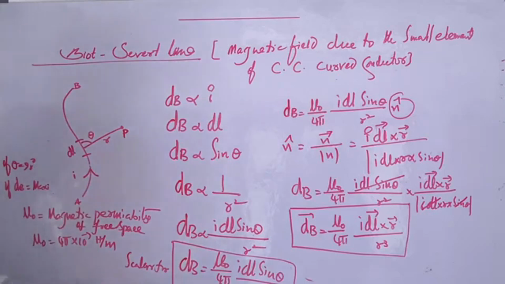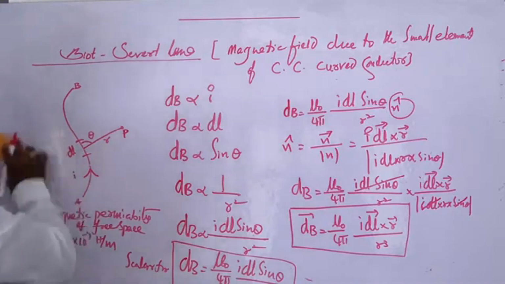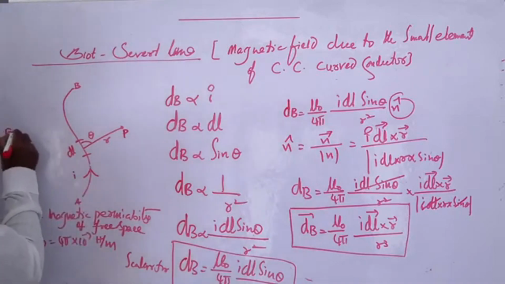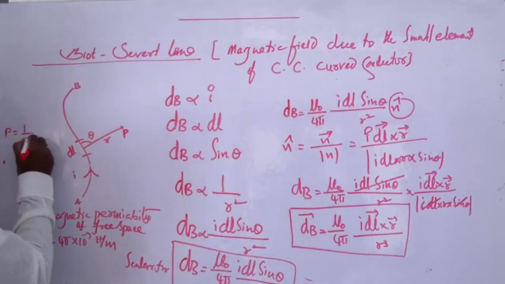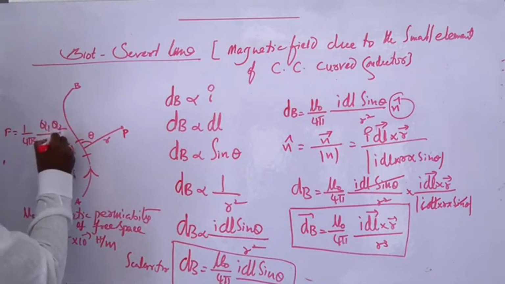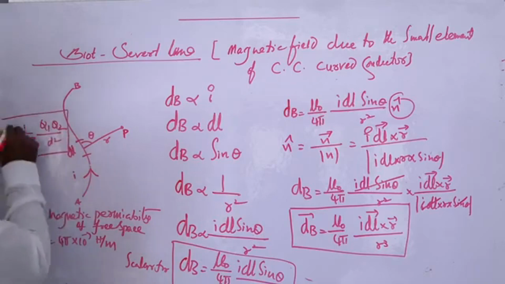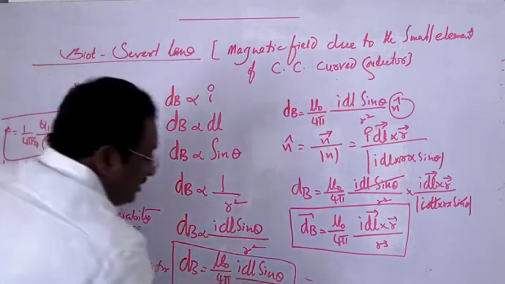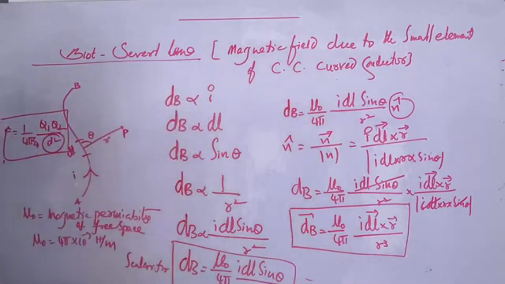Now, between the Biot-Savart law and the Coulomb inverse square law in electrostatics, there are some similarities. Coulomb's inverse square law in electrostatics is 1 by 4 pi epsilon naught, Q1 Q2 by d square. Both are inverse square laws, the Biot-Savart law for the magnetic field and the electrostatic force for the electric field.